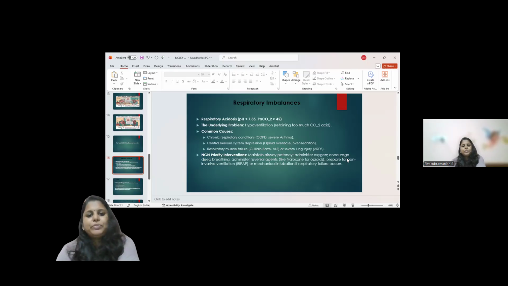Respiratory acidosis. Acidosis means, as I mentioned, that the pH is less than the normal value, 7.35. But the PaCO2 is increased, because respiratory is opposite. So the underlying problem is hypoventilation. The lungs are retaining too much CO2, and CO2 acts as an acid.